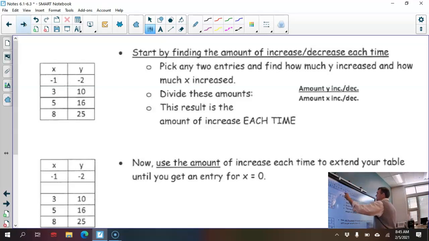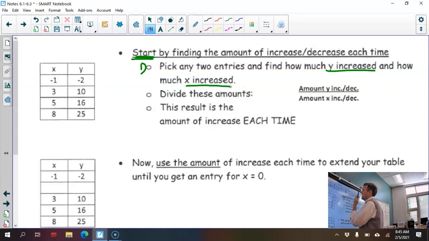Now, when you start this, instead of starting by finding the beginning amount, first we're going to start by finding how much it goes up by each time. And to do this, step 1, pick any 2 entries and find out how much the Y increases and how much the X increased. So I could pick any 2 of these.